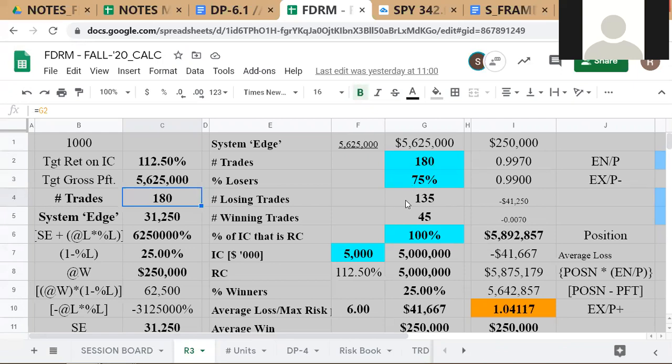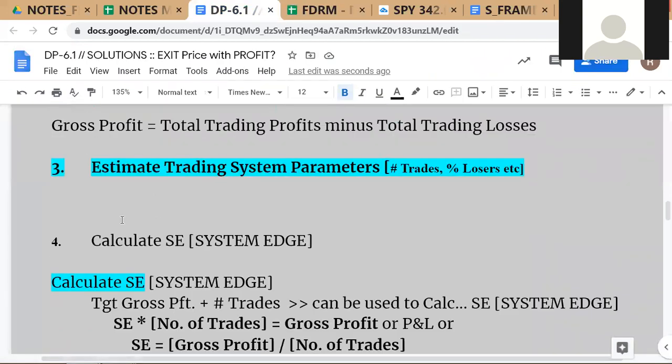From there you get the number of losing and winning trades and the percentage winners. You also have to specify the percentage of the invested capital that is risk capital. In this case, I've taken it as 100%, so RC is also $5 million. So that is the step: estimate trading system parameters.